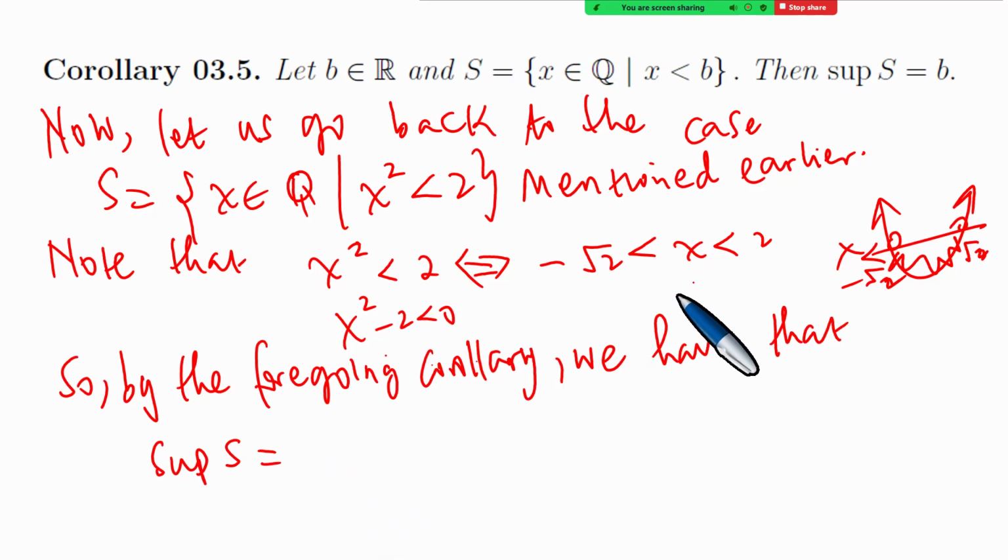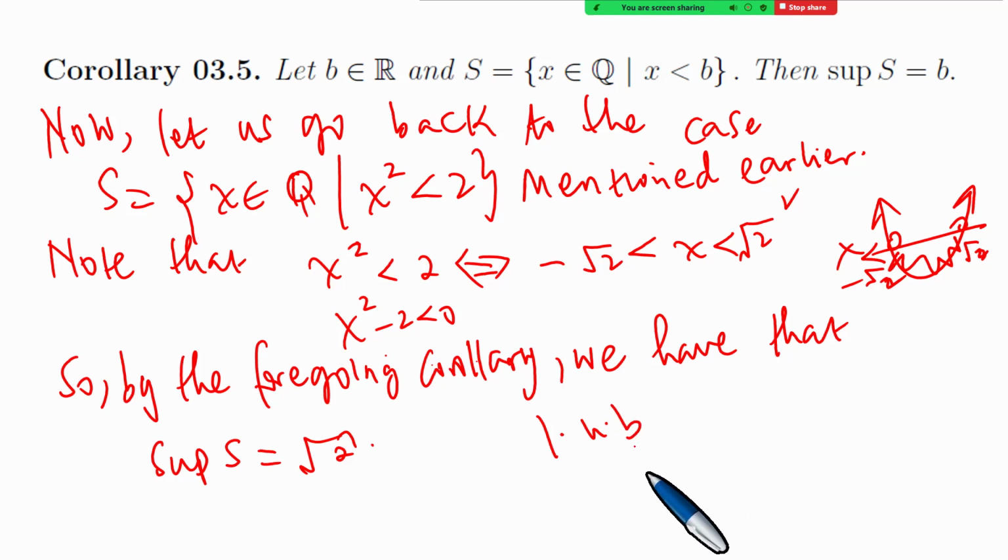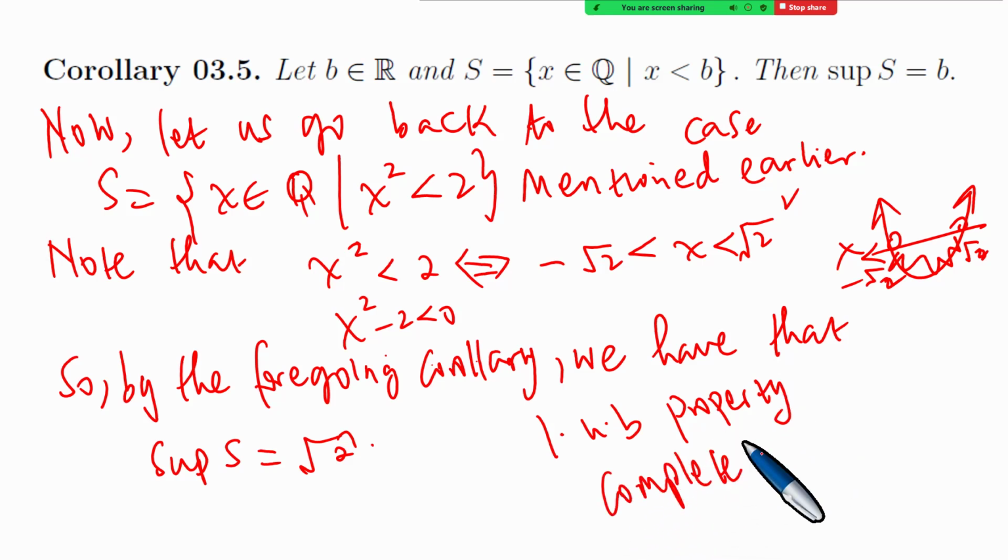We're able to see that indeed the supremum here is the square root of 2. And the supremum is the least upper bound, using what we call the least upper bound property, or what we also call the completeness axiom.